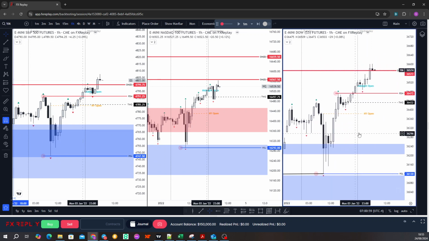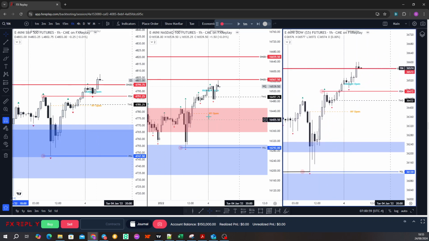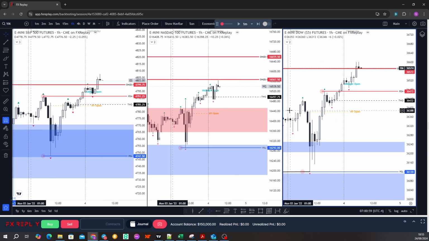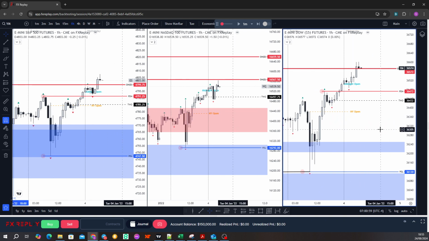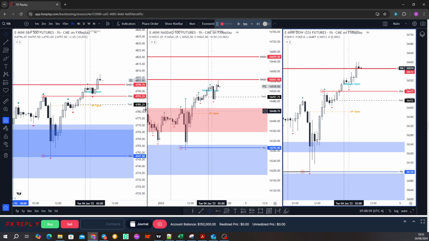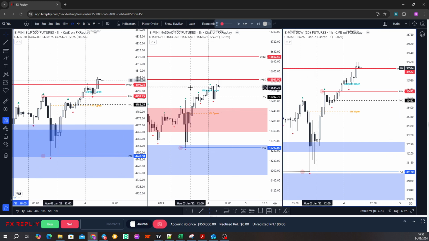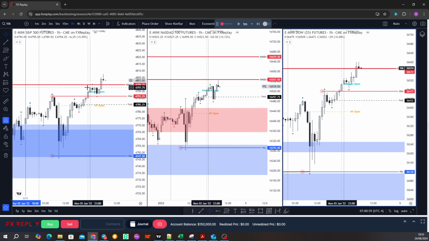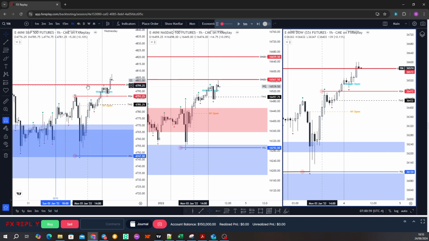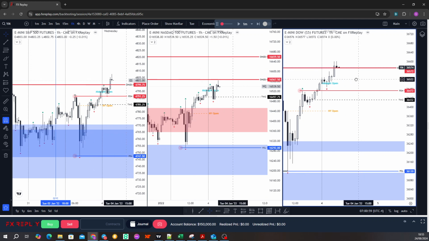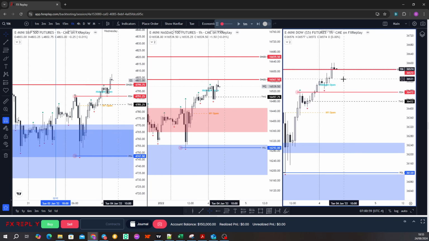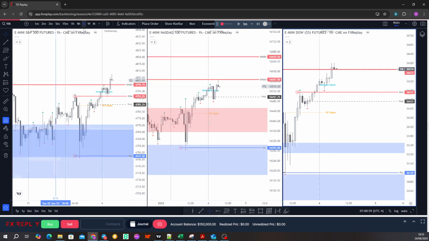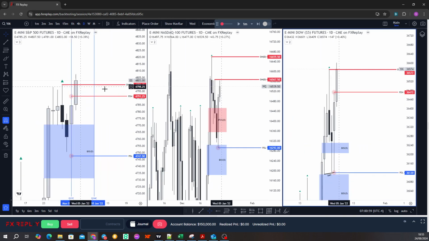So we can see on ES and YM, prices traded above the previous day's high. And on ES and NQ, we have traded above the aligned daily high.